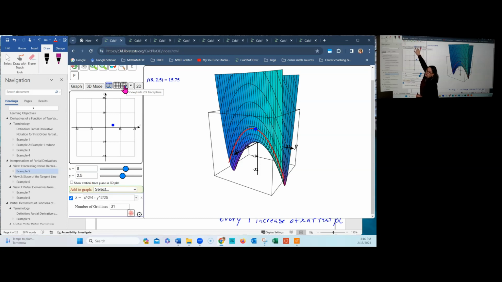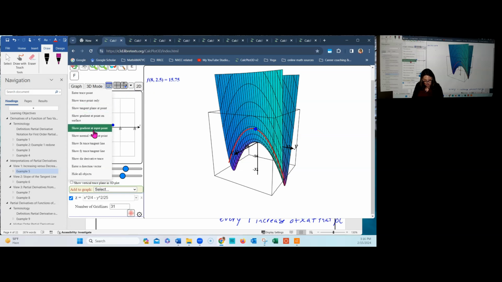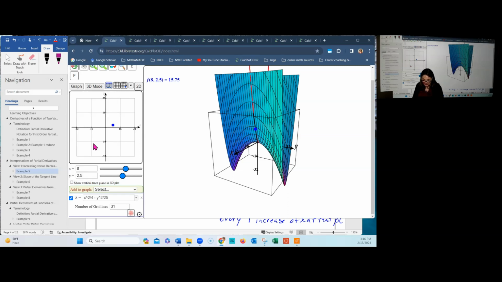When you click on that, it's going to drop down a 2D graph, which is projecting a point in the plane. We can also click on a menu that shows up to the right once that's opened. When we click on this, scroll down to where you see Show f sub x trace tangent line.